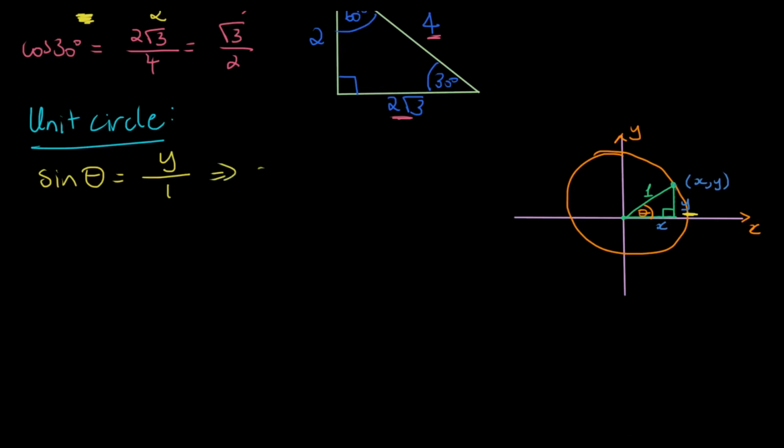This is the same as just writing sine theta is equal to how high on the unit circle we are, so y, our y coordinate here. Well, what about cos theta? Cos theta is equal to our adjacent over our hypotenuse. So our adjacent is x over our hypotenuse, which is 1, so that will be x on 1. So essentially, cos theta gives us our x coordinate on the unit circle here.